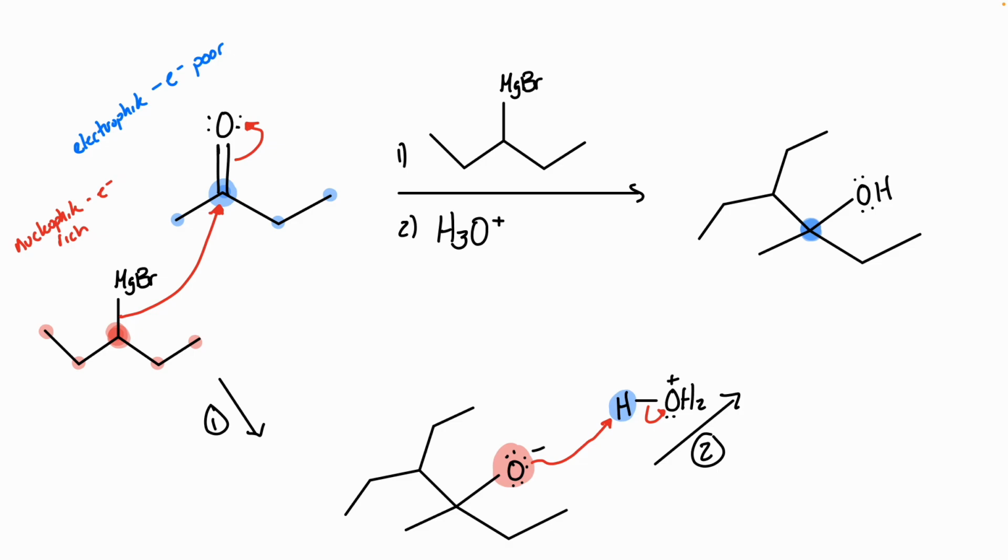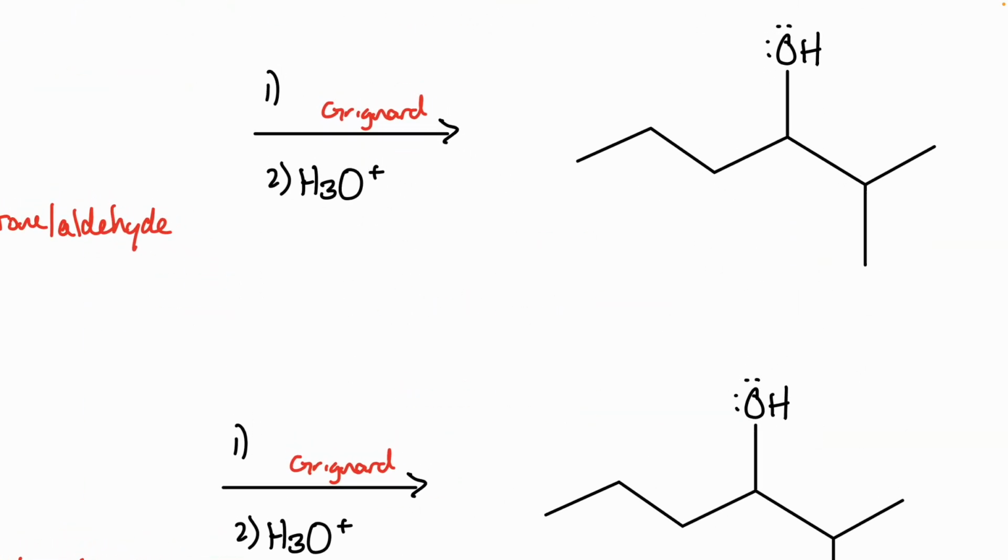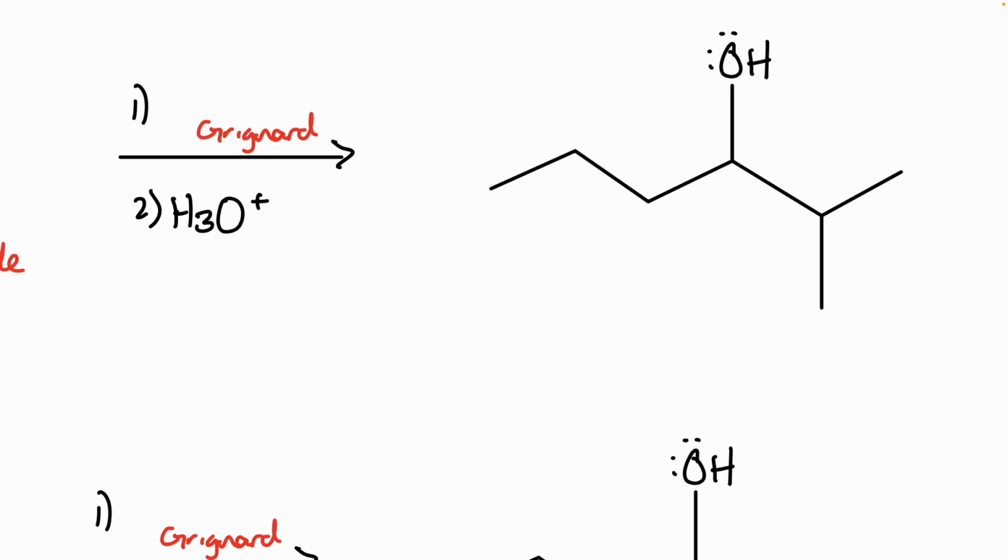So when I look at this molecule, the one thing I know for sure is that this carbon has a new bond, because that used to be my carbonyl carbon in my aldehyde or ketone. That's why it's got that hydroxyl group on there.